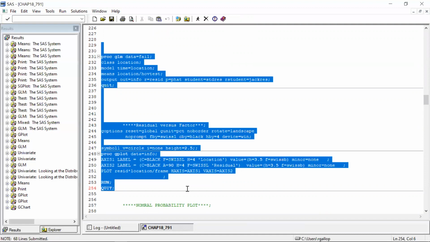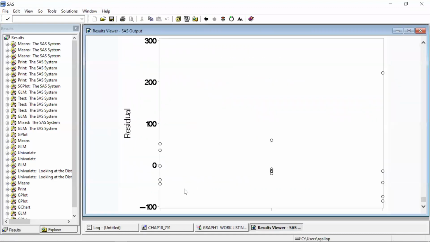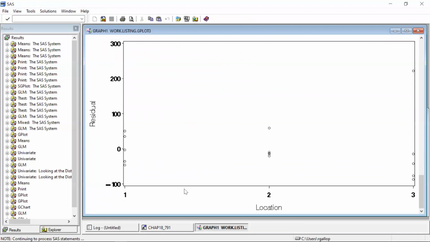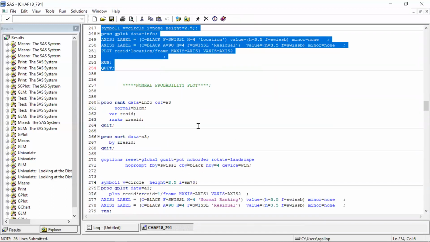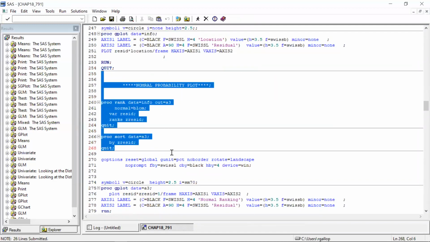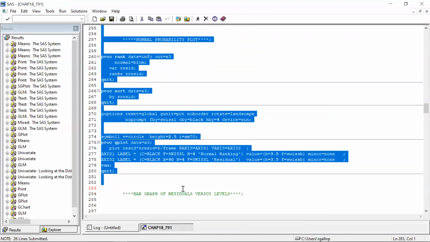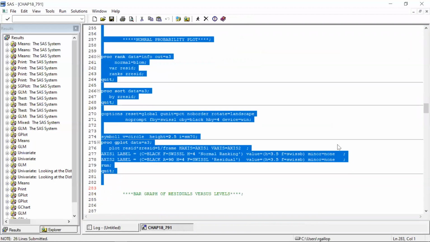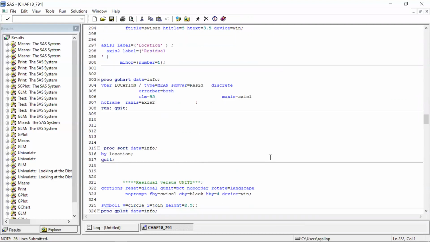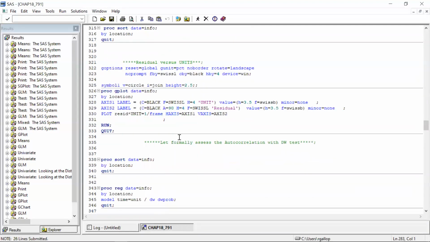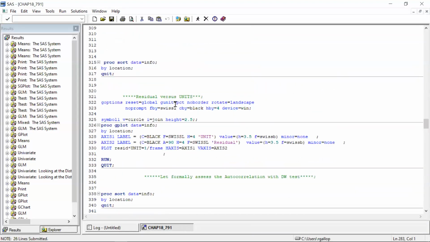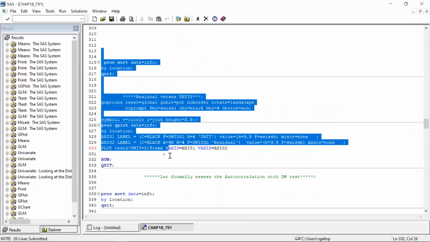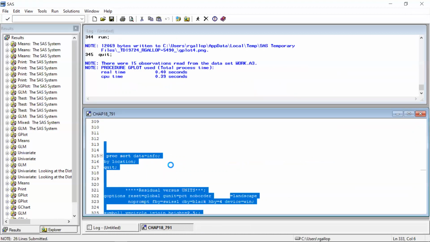Again, this one's not transformed, but when we look at this normal probability plot, if we're doing it manually that way, you could definitely say that's not a line. As we move forward, I want to drop down towards, well, actually, let's take a look at the autocorrelation. So we're doing this by location.